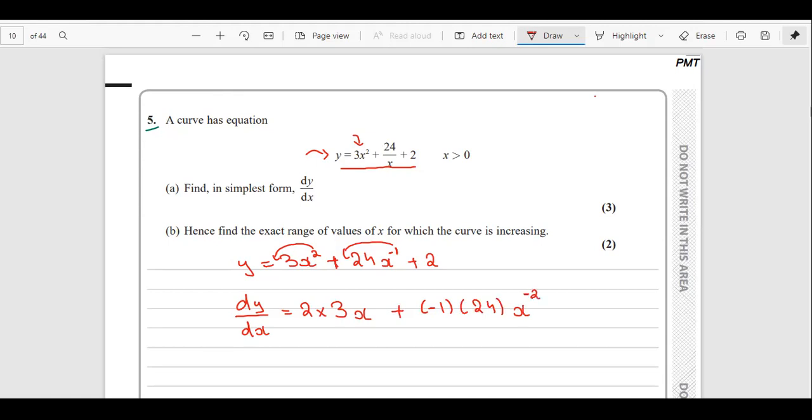And what is the derivative of 2? 0. Very good. So finally, we have dy by dx equals 6x minus 24 x to the minus 2.